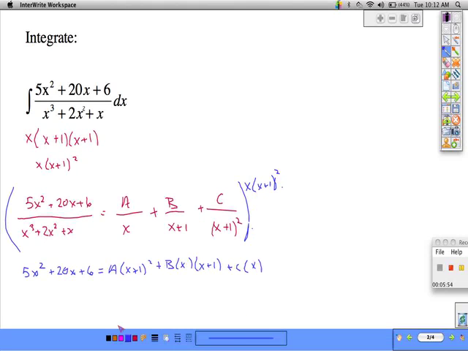And now we're going to pick special values of x. We're going to let x equal negative 1 first. We plug that in, and we end up with negative 9 equals, and then on the right-hand side, the a and the b terms go away, and I'm left with c times negative 1. So c is equal to 9.